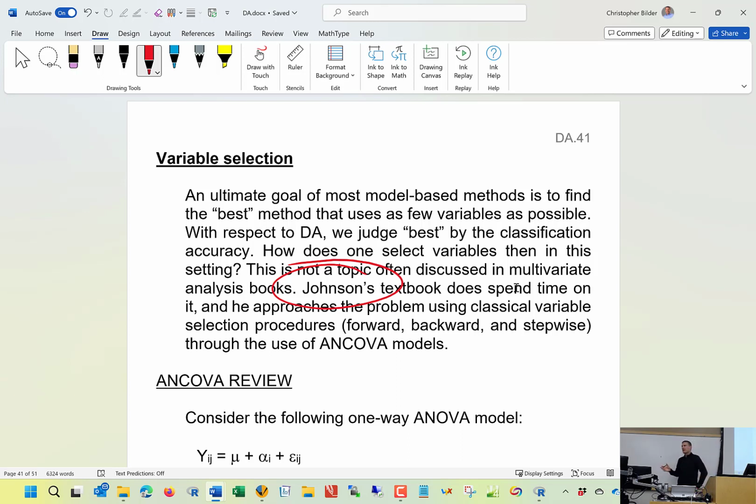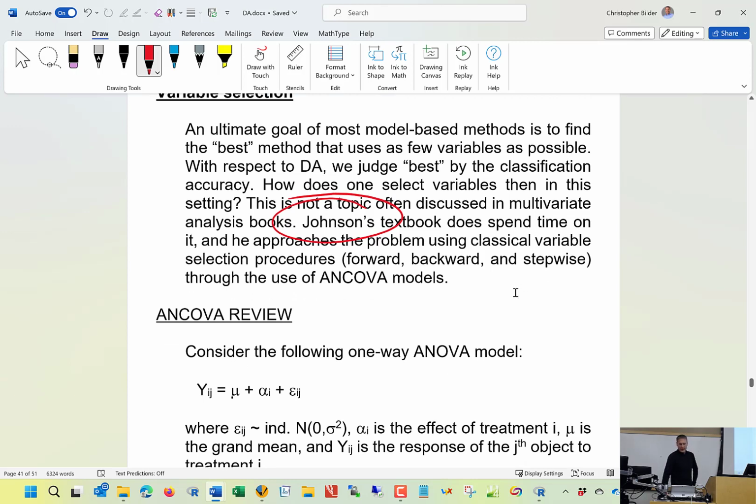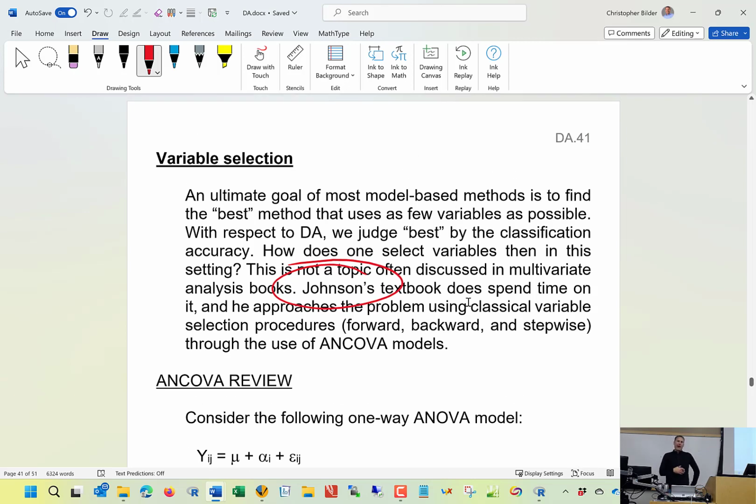Anyway, just on Friday, he asked me if I would be willing to review his book, so stay tuned for that. And this variable selection section, as you've heard me say before, I almost took this part of the notes out, but I just couldn't.